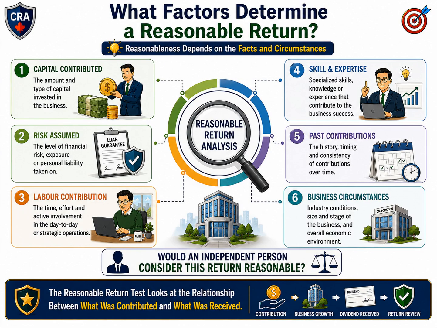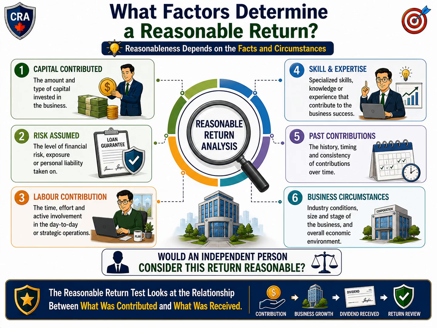Ultimately, the guiding question is simple. Would an independent person consider the return reasonable when compared to the shareholder's contributions? That question helps practitioners step back from the technical details and evaluate the overall fairness and economic reality of the arrangement.